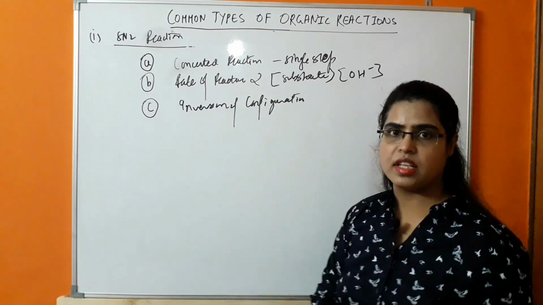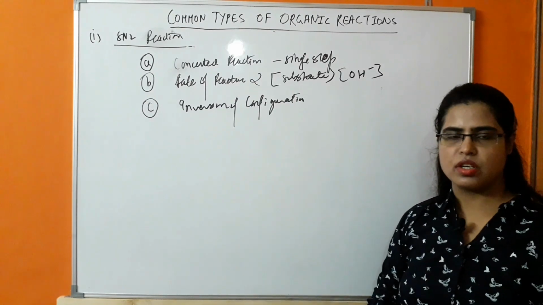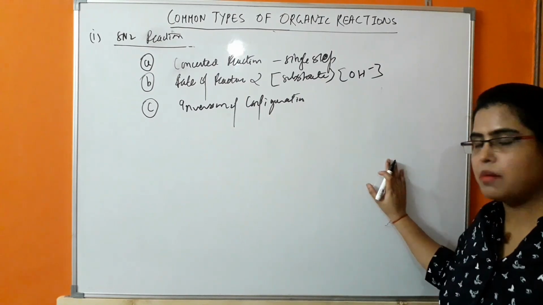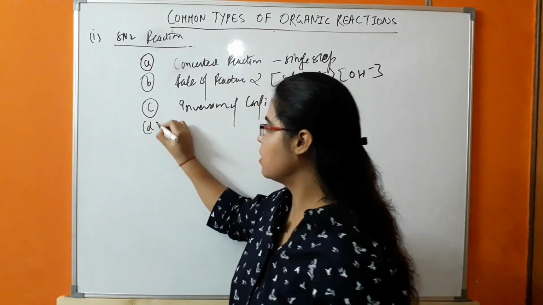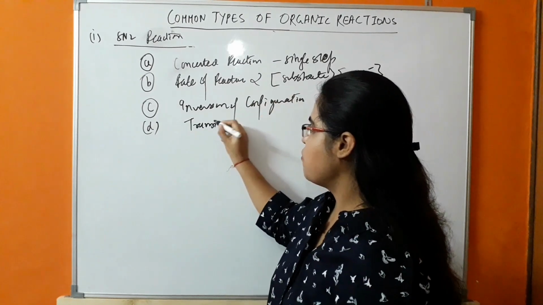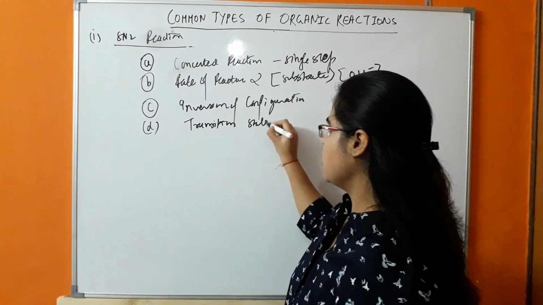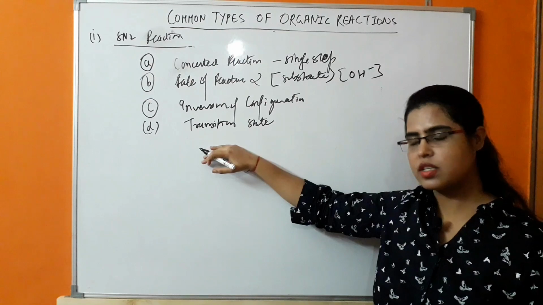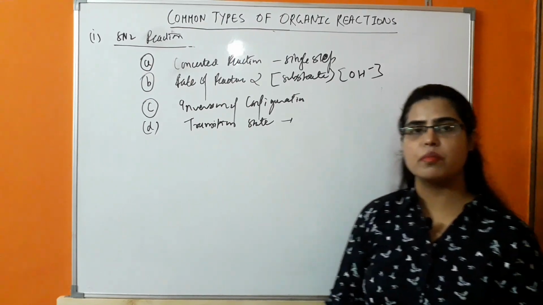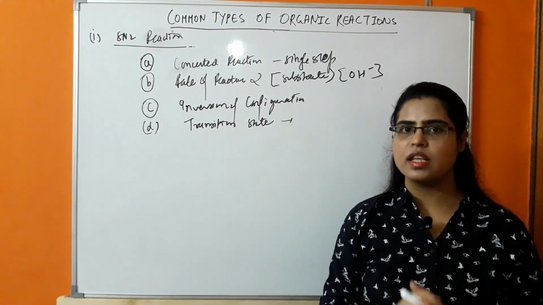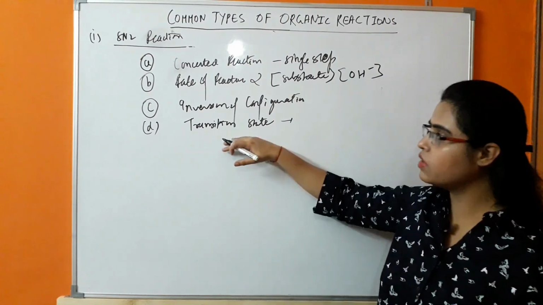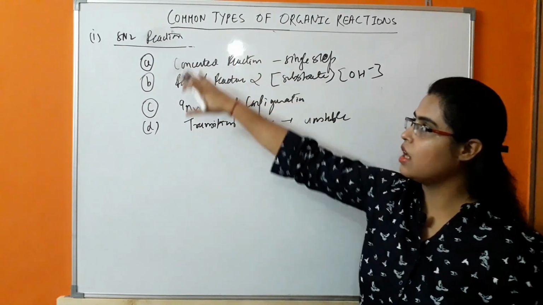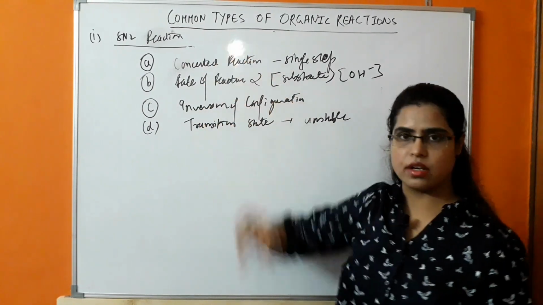I will explain it to you with the help of an example. Fourth, there is formation of a transition state. In the transition state, the bond lengths are longer than the normal covalent bond. Because of that, this transition state is highly unstable. So these are the characteristics of SN2 reaction.